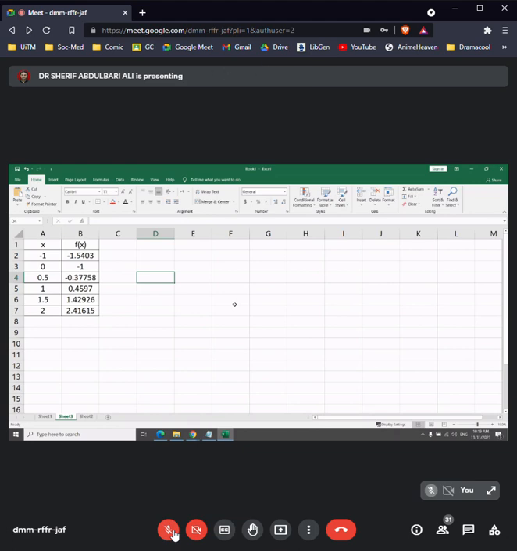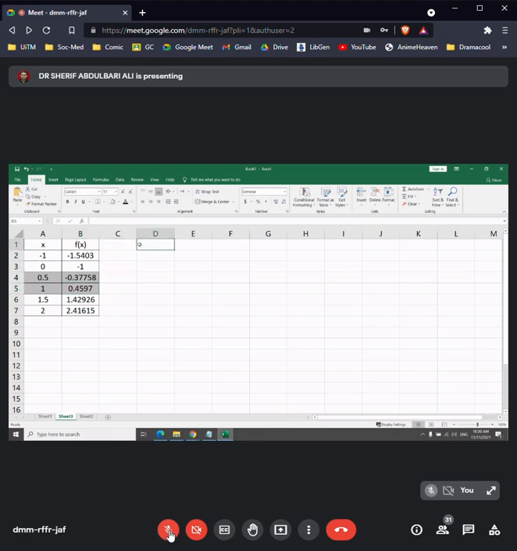Why are you saying that? Exactly. How do you know that? It's because the function is changing sign. When the function changes sign, that means it crossed the x-axis. It's between 0.5 and 1.